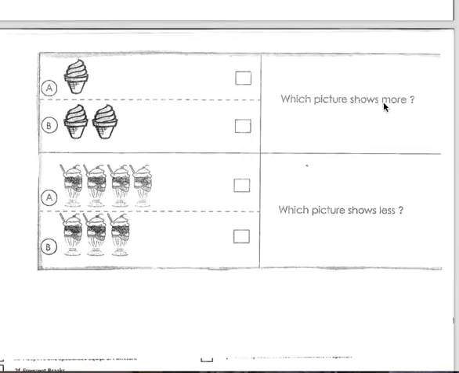Which picture shows more? This group of ice cream cones or this group? Which group shows more? You're going to circle it or put a check beside it to show which picture shows more. Okay, let's look at this group of rectangles here. Which picture shows less? This group or that group? Which picture shows less?